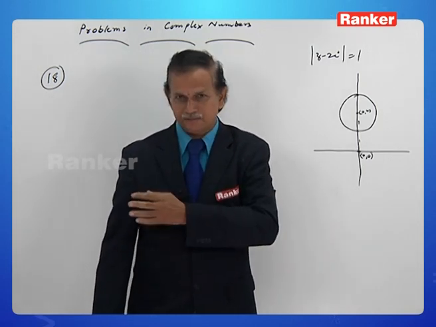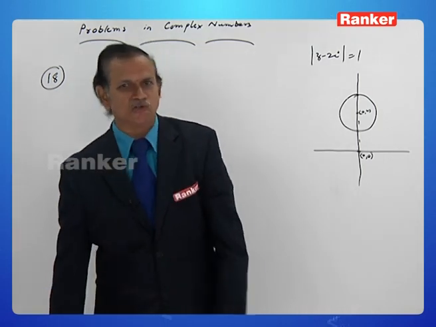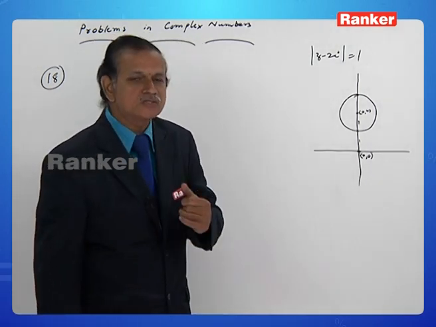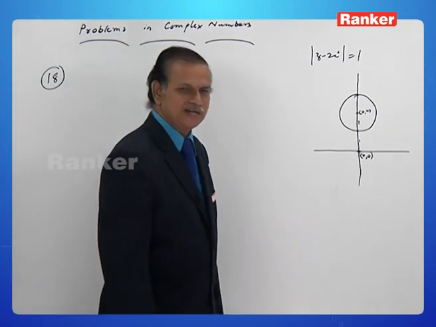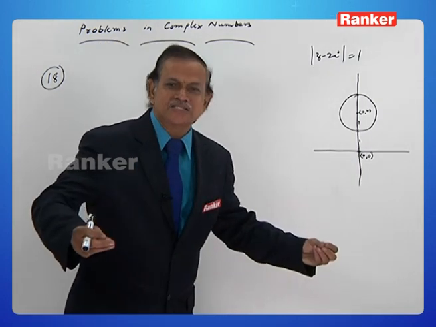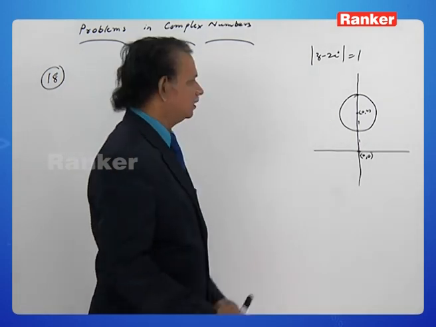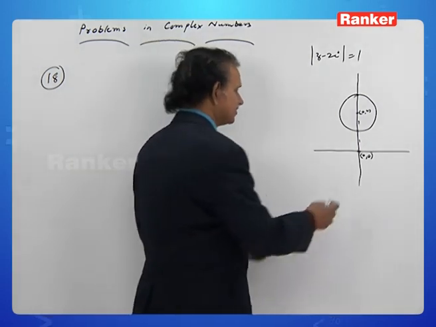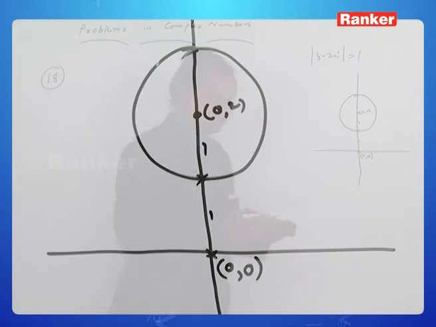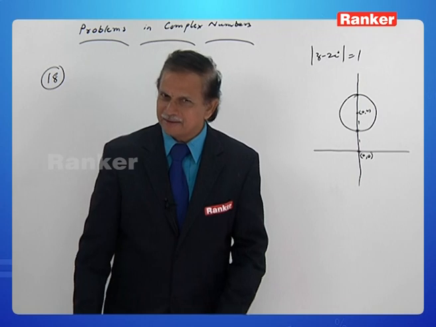No doubt. Another information has also been given here. What is that? And having the least modulus. That is, it is having the shortest distance from the origin. What is that point? It is nothing but this point. What has he said about z?